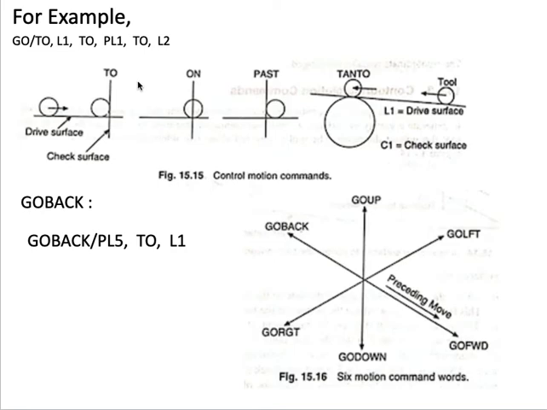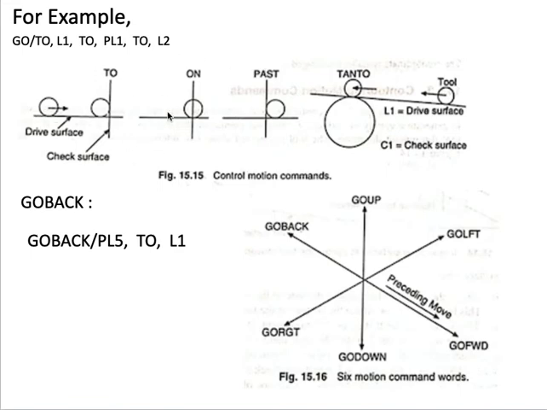The part surface is PL1 and the initial check surface is L2. The effect of the motion modifier words TO, ON, PAST, and TANTO, you can see in this figure.